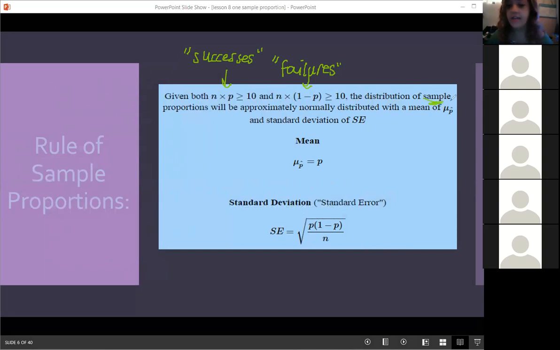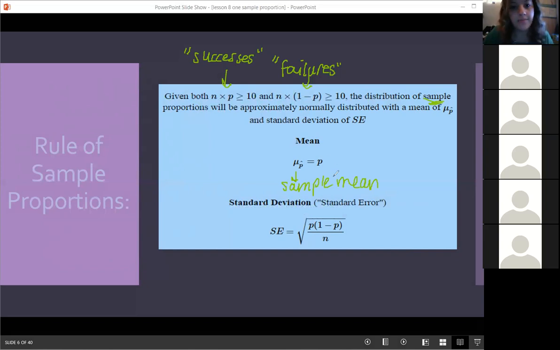And then our mean: if these conditions are met, then our sample mean theoretically should be equal to the population proportion.